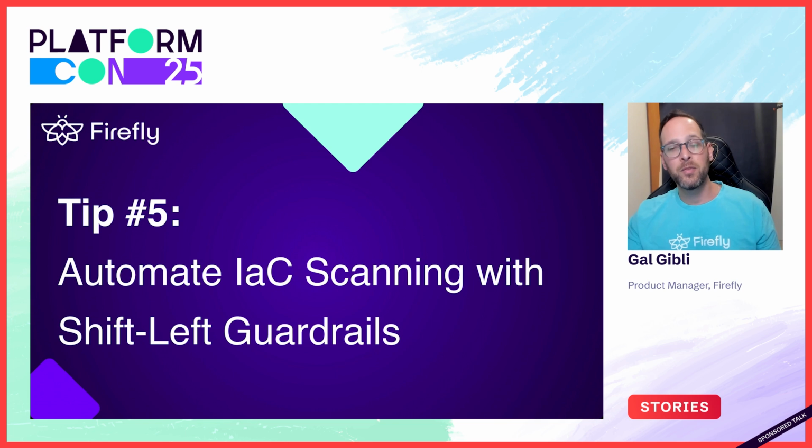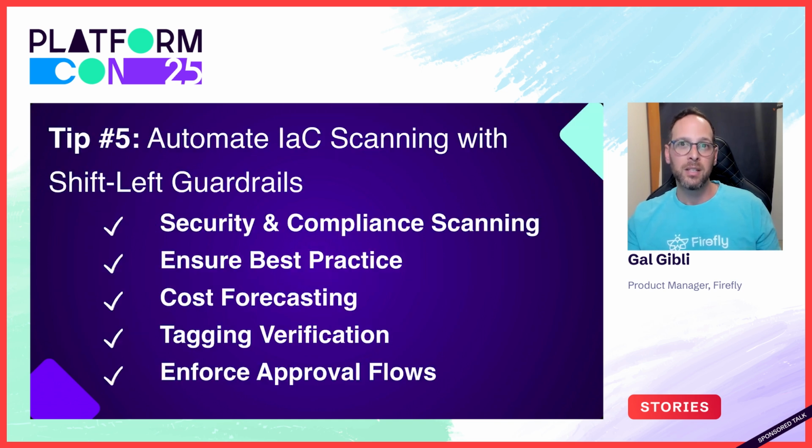And the last tip for today, automate IaC scanning with shift left guardrails. Embedding the scanning into your CI/CD pipeline is crucial in order to maintain security and compliance across your cloud environments. And shift left guardrails will allow you to catch the issues early.